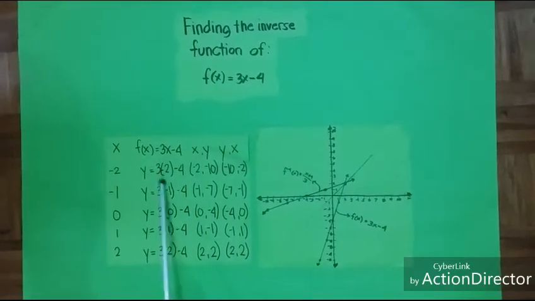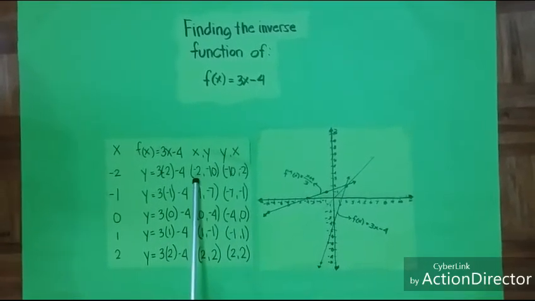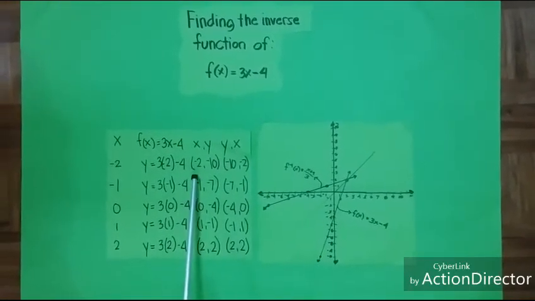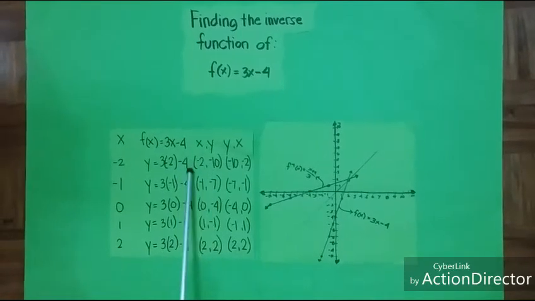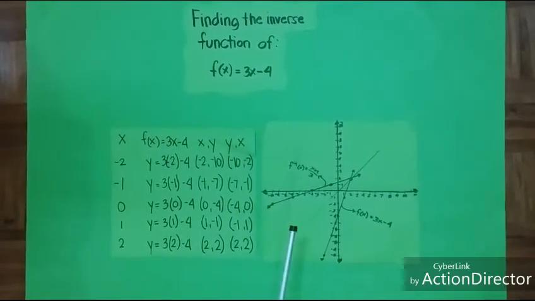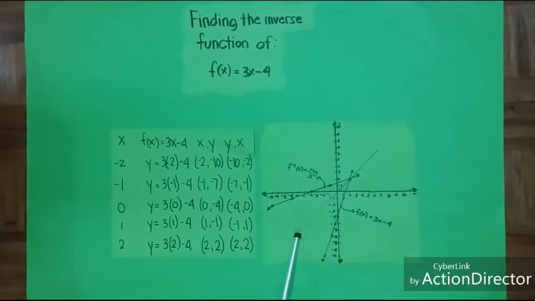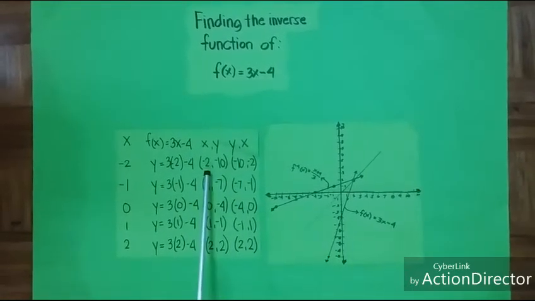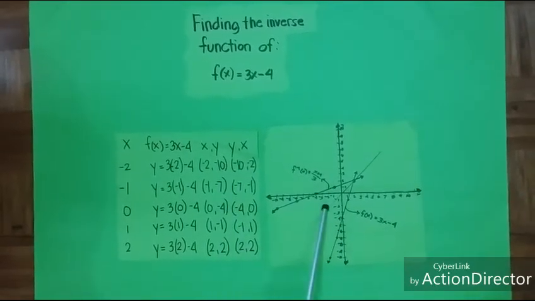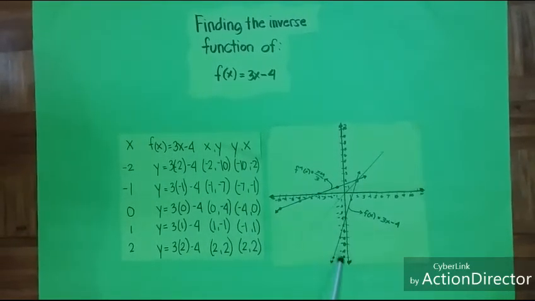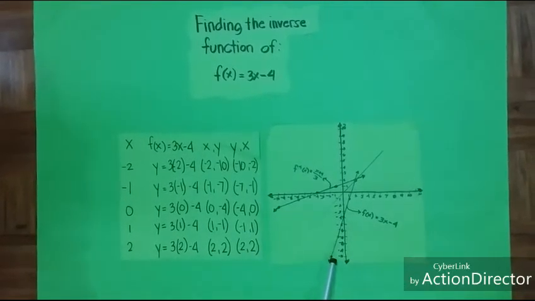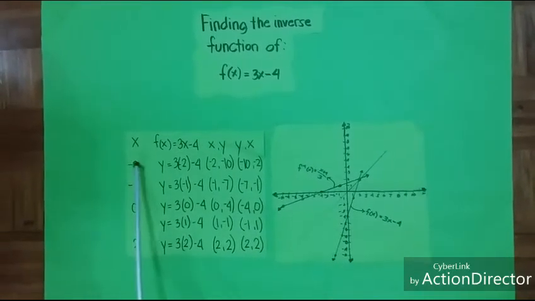As you can see in the function, the first coordinate, negative 2 and negative 10, are both negative. So both negative values can be found on quadrant 3 of the Cartesian plane. So we locate negative 2. So here it is, and negative 10, we go down, and so there it is. We find the point of the first x value.